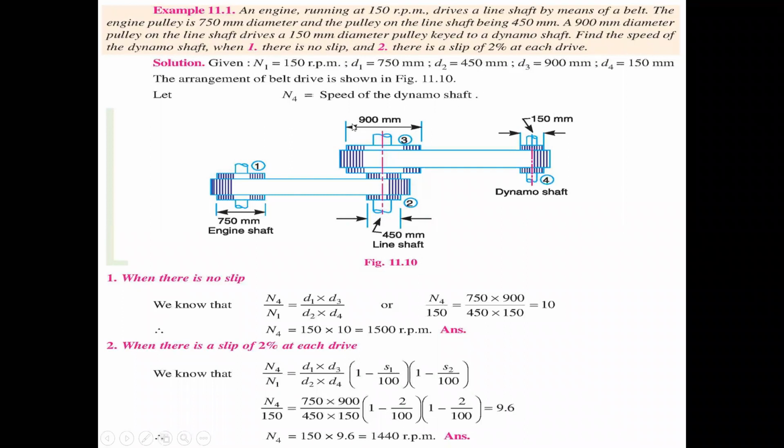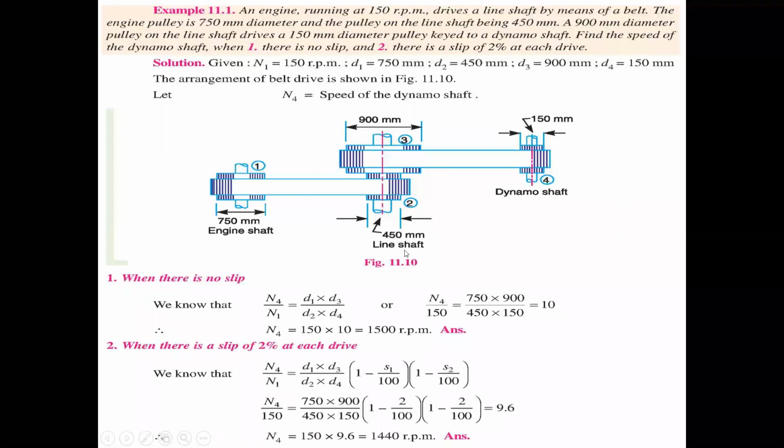First, the engine is running at 150 rpm, so N1 equals 150 rpm. D1 is 750 mm, D2 is 450 mm, D3 is 900 mm, and D4 is 150 mm. So we have four pulley diameters.